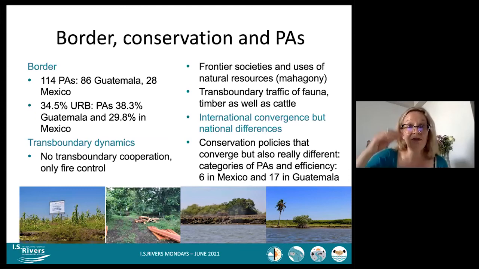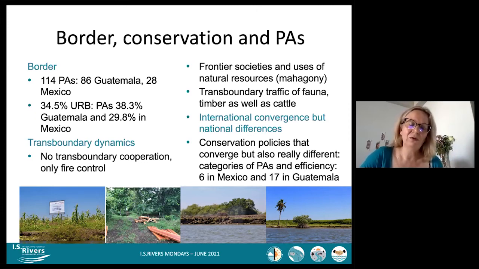In terms of conservation, the protected areas are really vital to understand the dynamics of the river basin. On one hand, we have 86 protected areas in Guatemala, 28 in Mexico, a total of 114 representing 34.5% of the river basin, a bit more for Guatemala, 38%, and roughly 30% in Mexico.